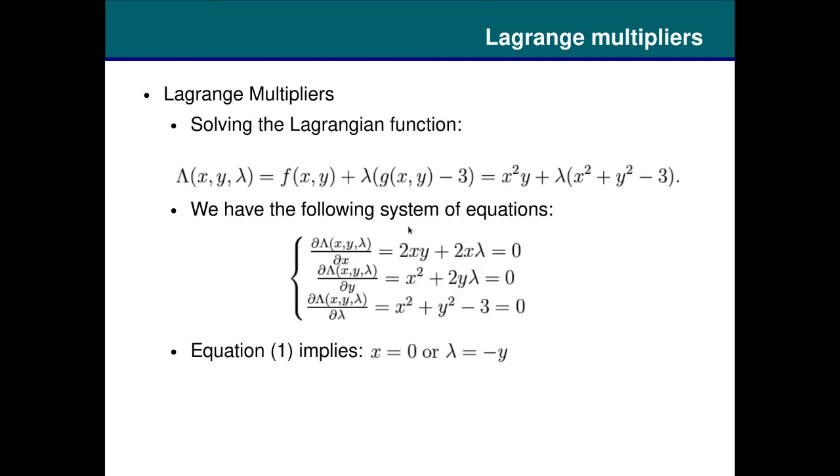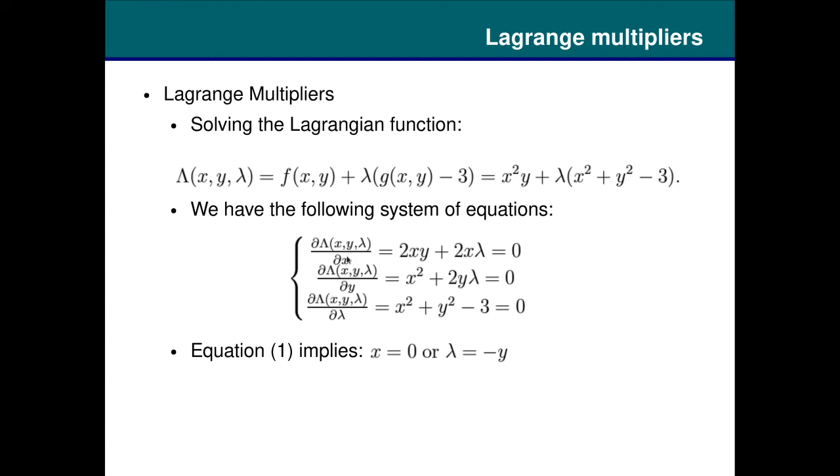Okay? It's not difficult. If I apply this Lagrangian in terms of x, I will have this 2x times y, okay, which is in here, plus 2x times lambda equals 0. Remember, it has to be equal to 0 because I was bringing this term of minus lambda to this side. It's going to be plus lambda, and a 0 remains on the left side after finding the derivative in terms of x.